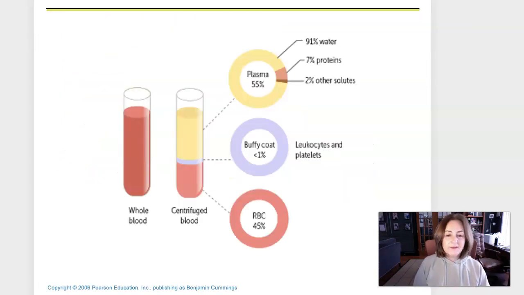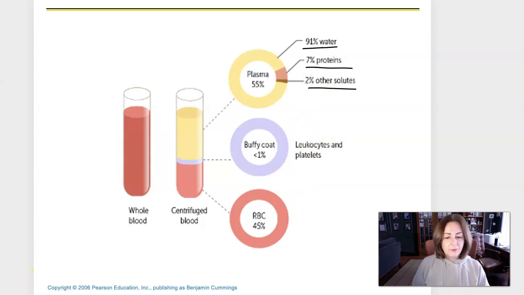So I grabbed this off the internet, and you can see that over half of the blood volume is plasma, and plasma is primarily water. And then there are a variety of different proteins that are located there, and then other things like nutrients, waste products, electrolytes, hormones, white blood cells and platelets, and then red blood cells.